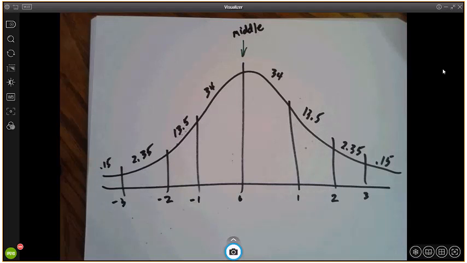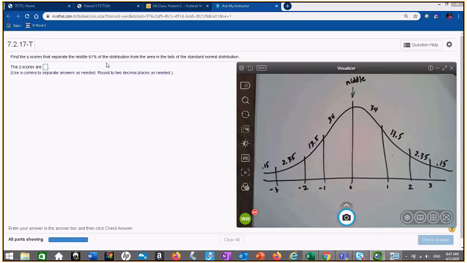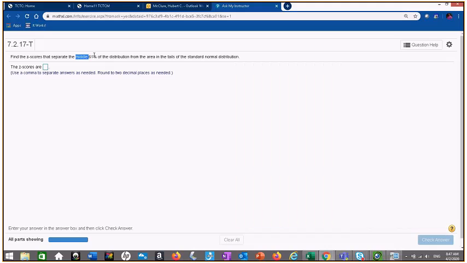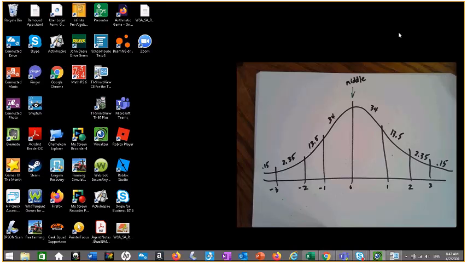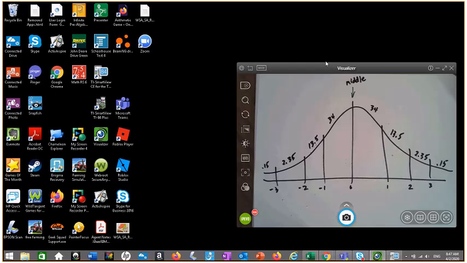What did they say, 61%. So what's half of 61? 30.5, right? So 30.5 on each side.